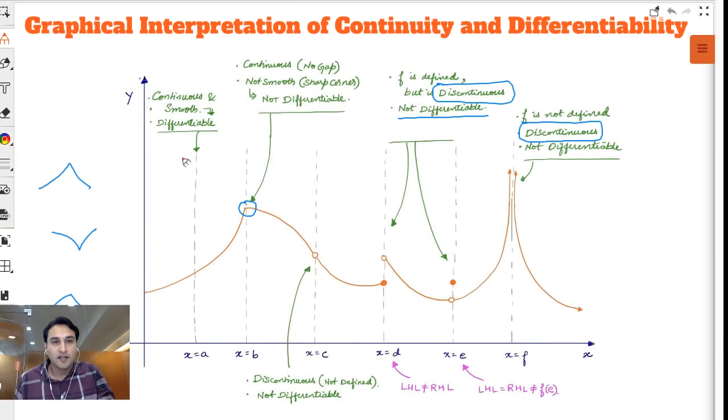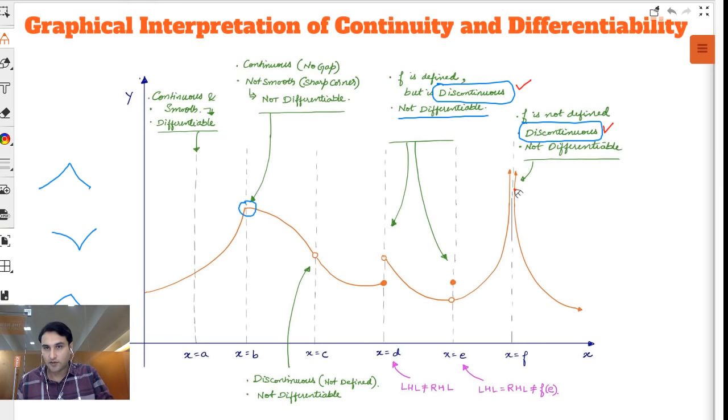Okay, guys. So I was saying that in this graph, wherever you see a sharp corner like this or this or this or this, there the function is not differentiable. And wherever you see a gap or a broken graph, or where the function is not defined, there the function will be discontinuous as well as not differentiable.